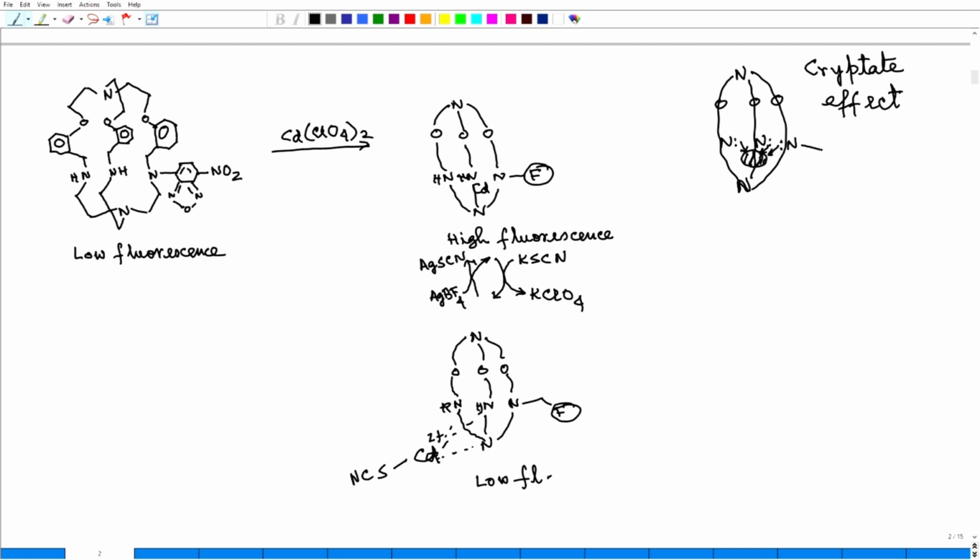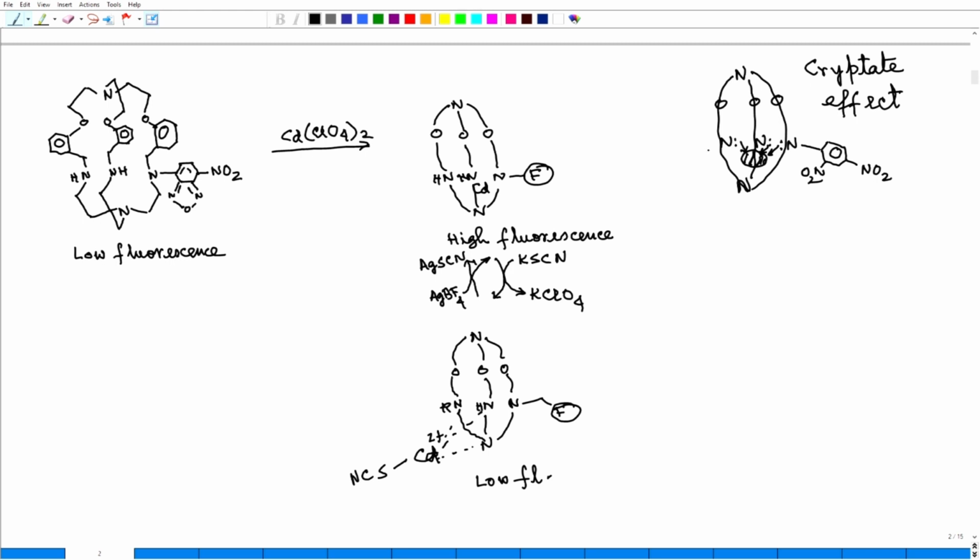For that reason, we put an electron withdrawing compound on this nitrogen. For example, 2,4-dinitrobenzene is a very strongly electron withdrawing group. We can put up to 3.